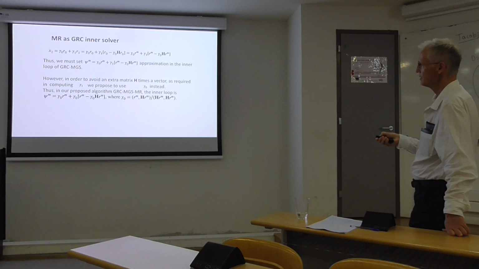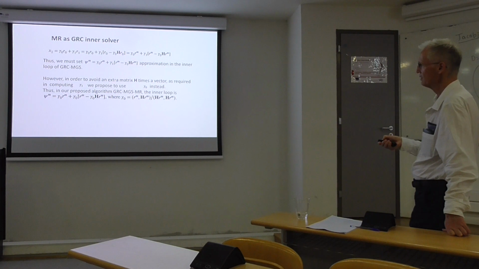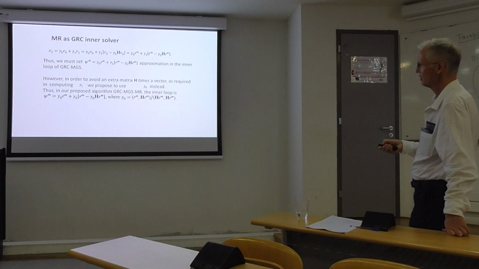Okay. However, in order to avoid two matrix vector multiplications, because we already have one in the H times the direction vectors, and here is the second one. In order to avoid that, we simply use gamma 0.